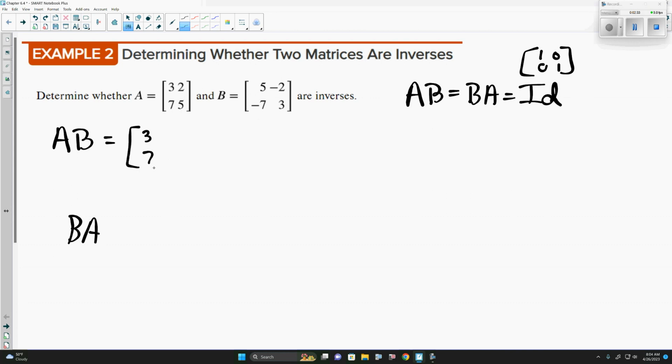So we can do 3, 7, 2, 5 for A, multiplied by 5, negative 2, negative 7, 3. Now we'll do the first one here by hand, and then we can do the second one in the calculator to see how they both work. So we multiply the first one.